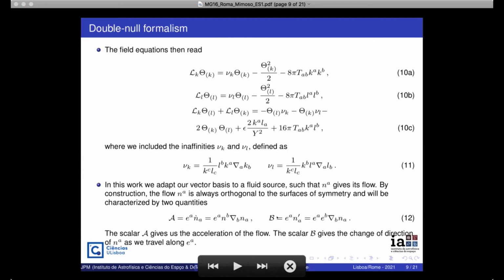And we have also another scalar, beta, which gives the way the normal n evolves along the direction e on this three-dimensional spatial hypersurfaces. In fact, this vector e is basically, in this case, for instance, in spherical symmetry, the vector along the radial direction. So it's also in the subspace perpendicular to the leaves.